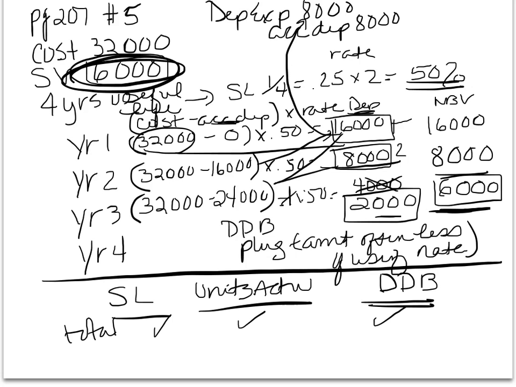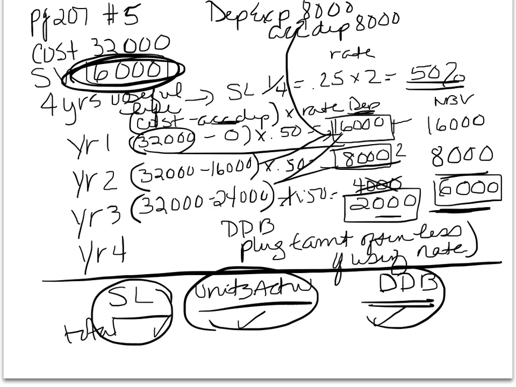It's just that this way you're going to get it evenly over time, and this way you're going to get it spread out, but totaling the same amount over the useful life of the asset, using units or hours, and DDB taking more in the first years and less in the later years. So no matter what depreciation method you choose for an asset, ultimately the same amount of depreciation will be taken.